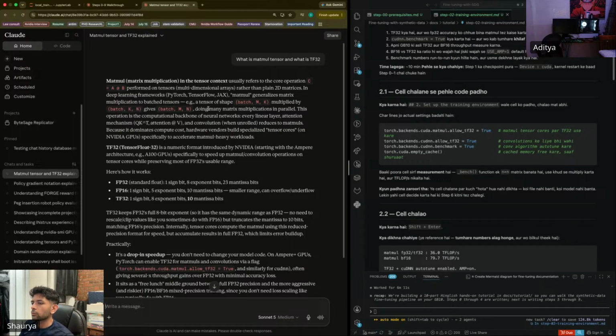This operation is the computational backbone of neural networks. Every linear layer attention mechanism qk to the party mention at the rate v and the convolution when unrolled reduces to matmals because it dominates compute cost hardware vendors. TensorFlow 32 is a numeric format introduced by NVIDIA starting with the Ampere architecture AG100.